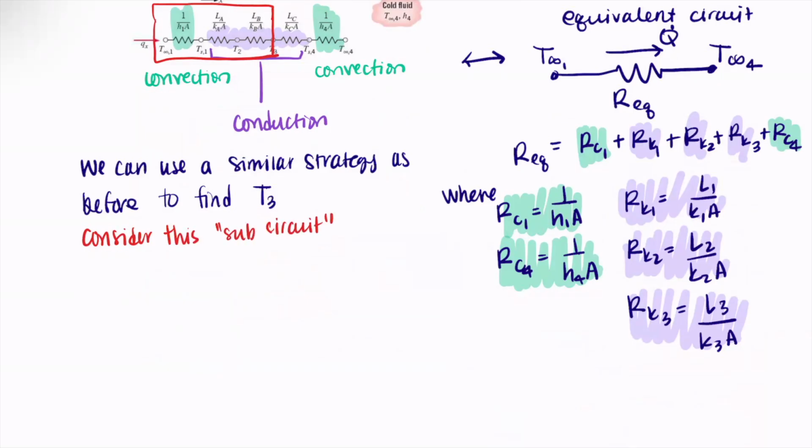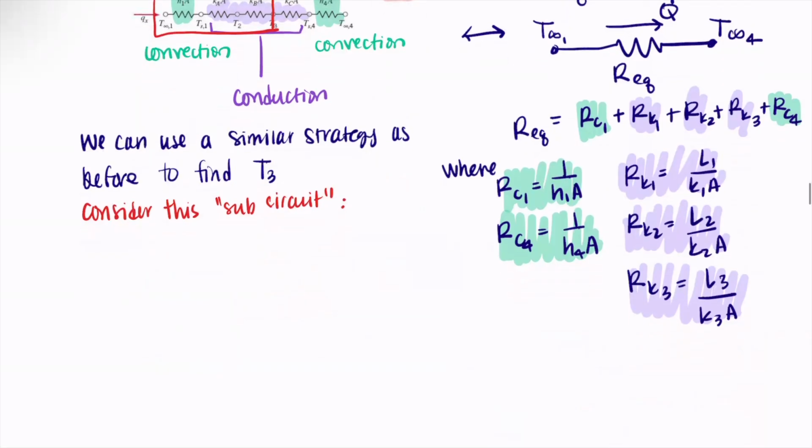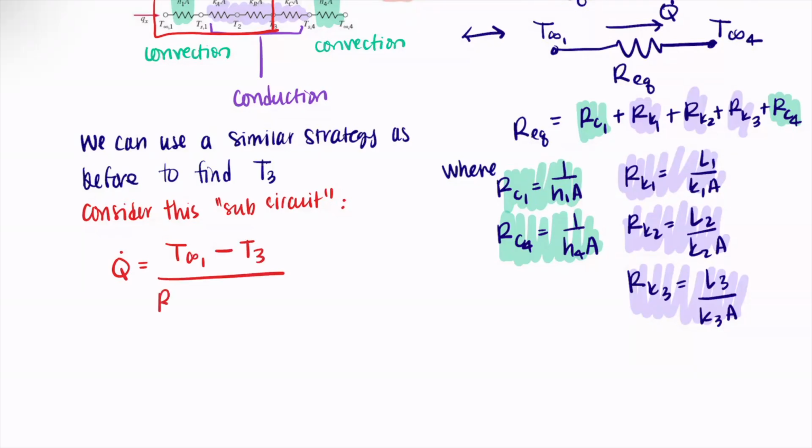And we would find that Q dot is equal to T infinity 1 minus T3 divided by the three resistors added together as our equivalent resistance. So we have RC1 plus RK1 plus RK2.